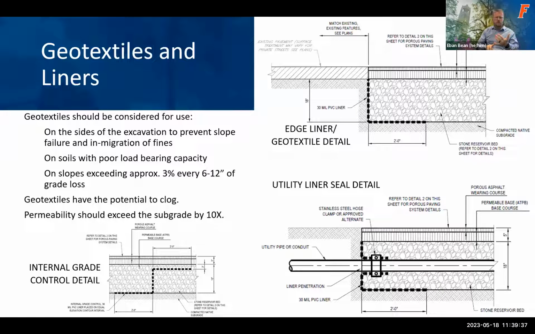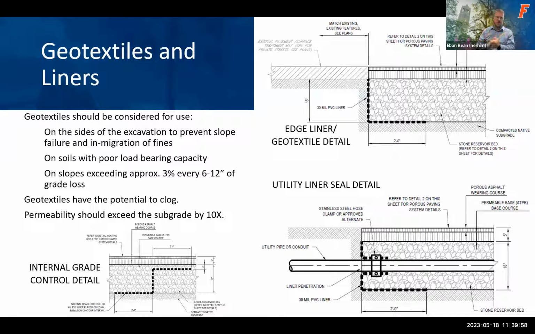But it is important to utilize geotextiles on the sides and on the underside of a permeable pavement system, particularly in situations where we don't want soils migrating into that reservoir course.